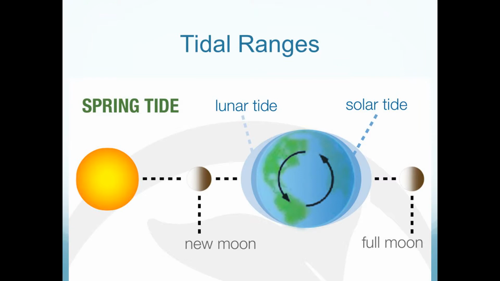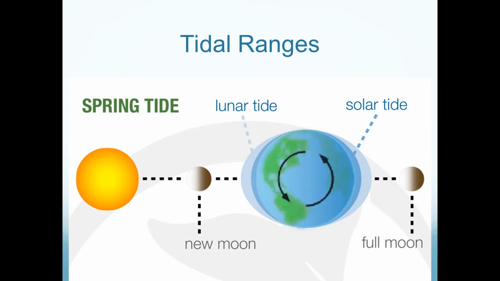Now let's look at the different types of tides that we have here on Earth, and let's start with the spring tide. Spring tide is when you have the moon in line with the sun and the Earth. If you have a new moon, that means the moon is in between the sun and the Earth.